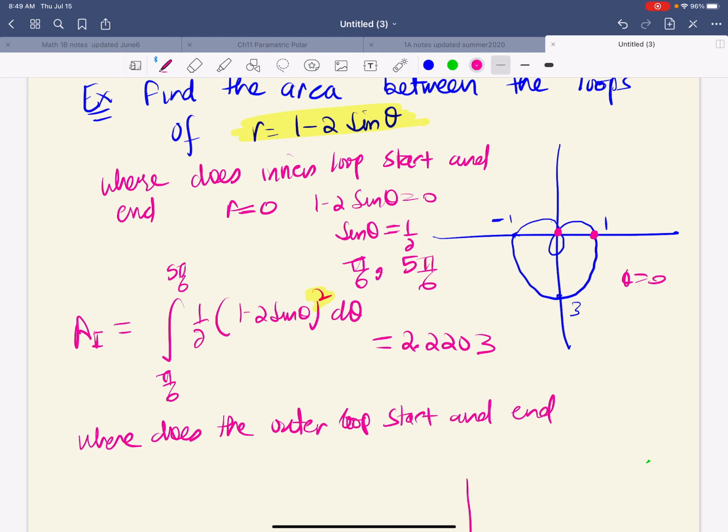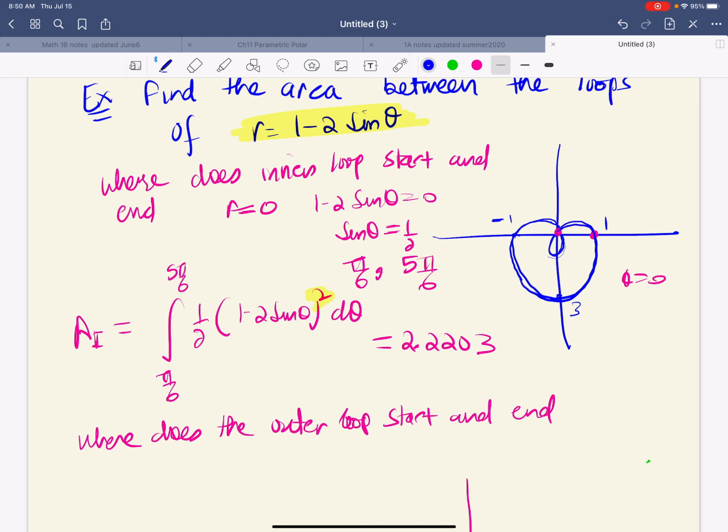So I can do two things. I can make the inner loop going from pi over 6 to 5 pi over 6, and then keep going further than 5 pi over 6 to complete my loop.